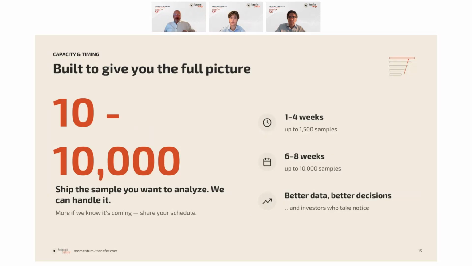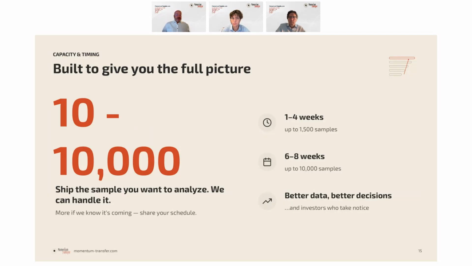You see our turnaround time. So we measure every 2 weeks, pre-scheduled, and I can send you the schedule if you like. But that means if you send us 1,500 samples or less, you can expect the data within weeks, 1 month.